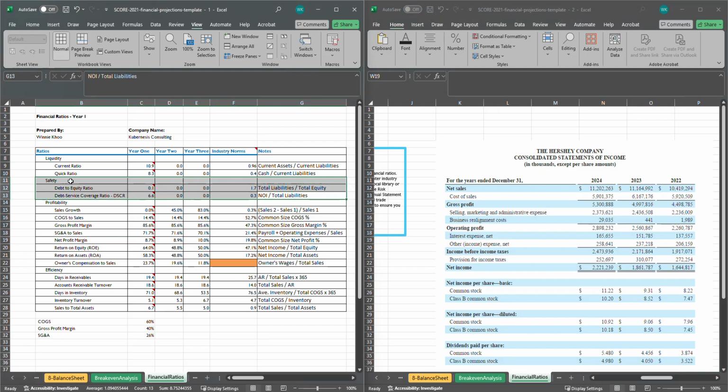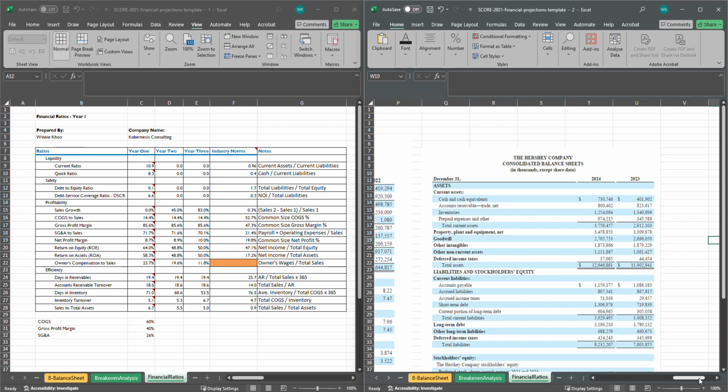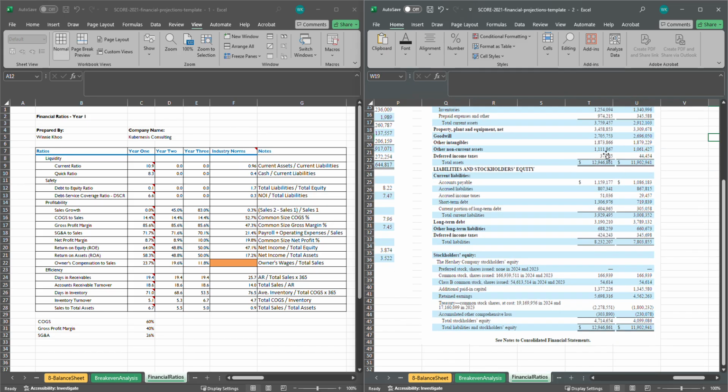If I compare myself to Hershey's, they have a lot more liabilities, which actually makes sense for Hershey's. They're a much larger company.